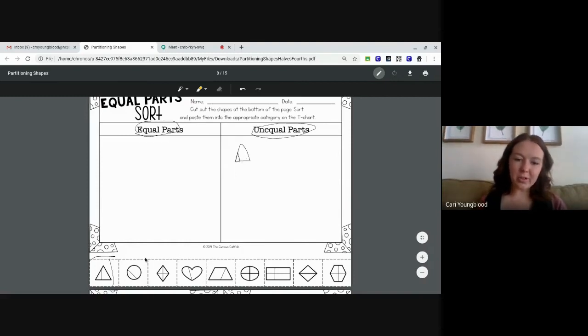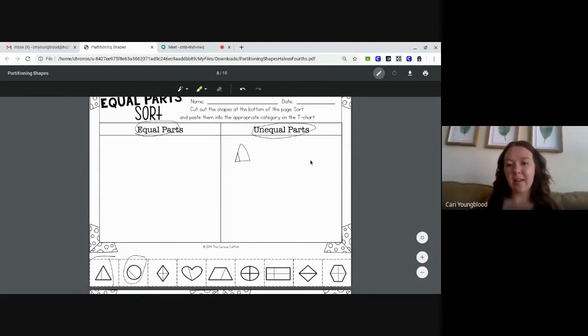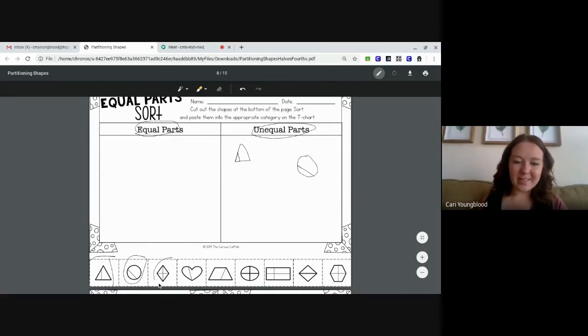What about this circle? Is this circle divided into equal parts or unequal parts? Unequal. I would be upset if this was a pizza and I was getting this small piece right here and my friend was getting this big piece. I wouldn't think that was very fair. What about this rhombus?